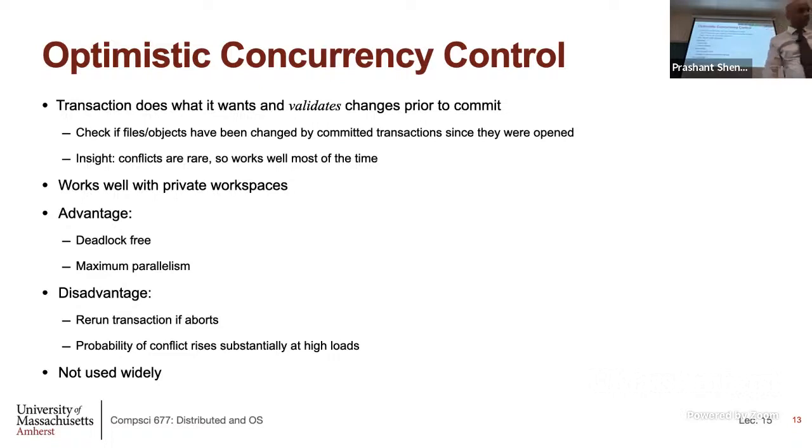Yes, question. The question is, if there are two transactions that conflict, will you have to rerun them? What happens is you abort the transaction and then you resubmit it to the database and rerun it. It's almost like you sit in a while loop saying, while the transaction doesn't succeed, repeat. And once it succeeds, you're done.